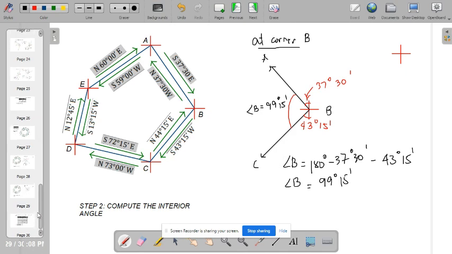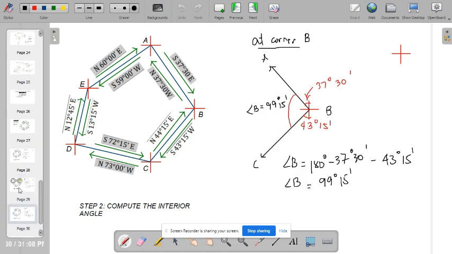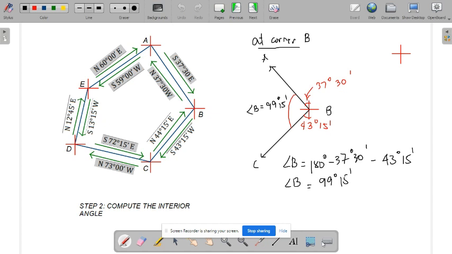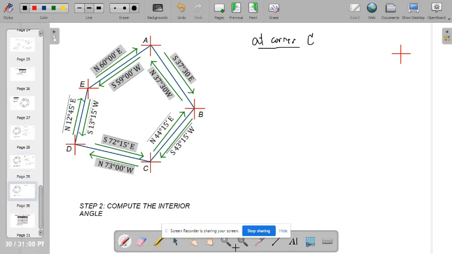Now let's go to corner C. Corner A, corner B, let's go to corner C. Now in corner C, the line CB is towards northeast, and that is 44 degrees.